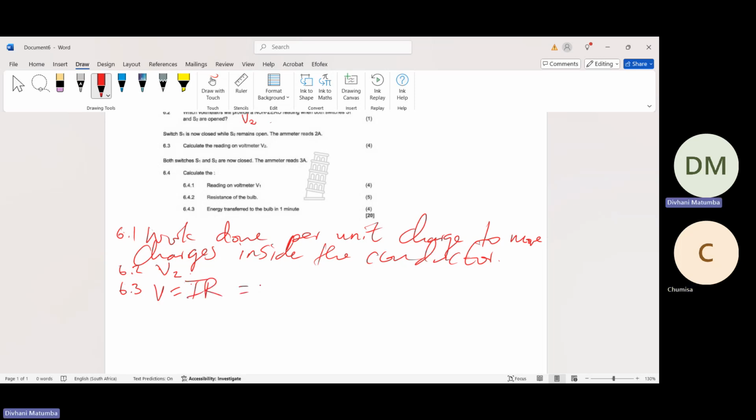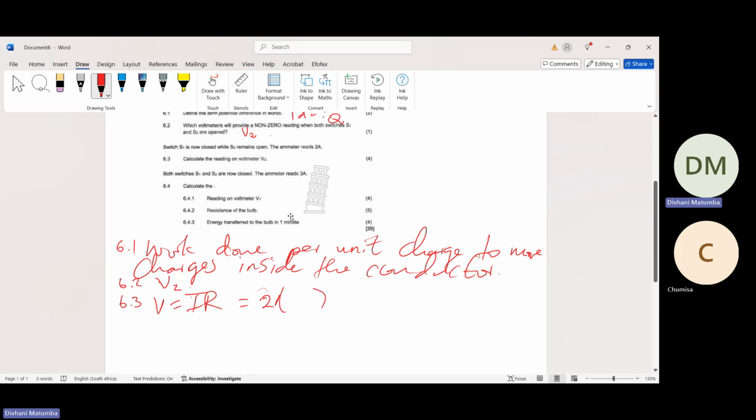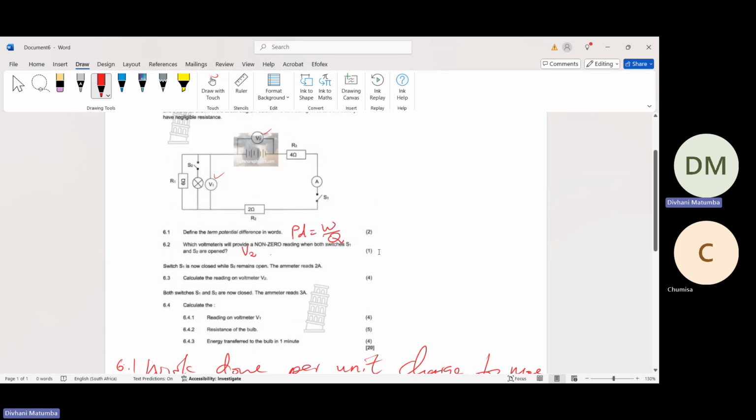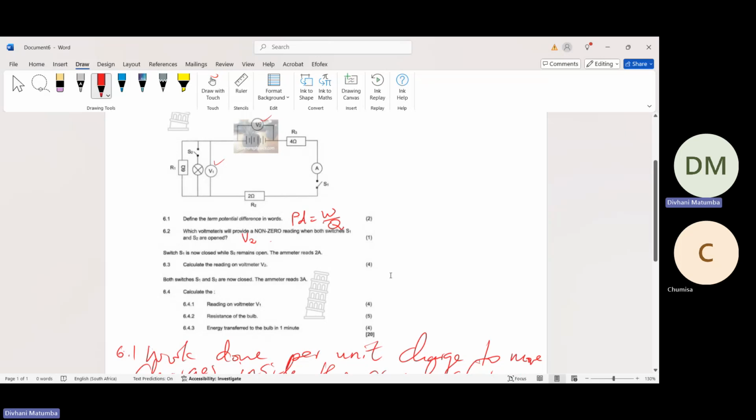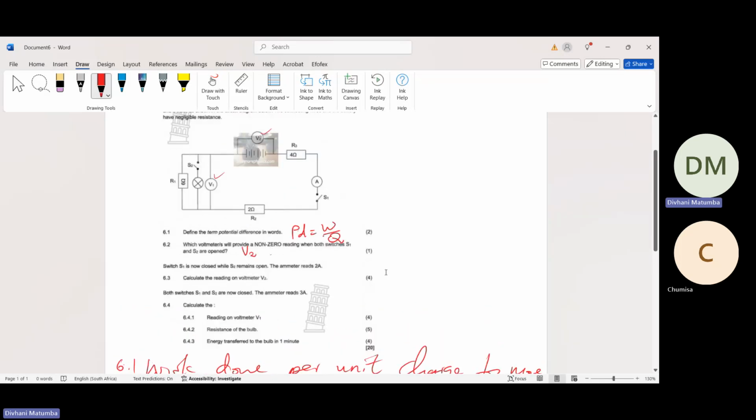The value of I will be 2A. 2A times the resistance. What will be the resistance? What is the total resistance of the circuit?